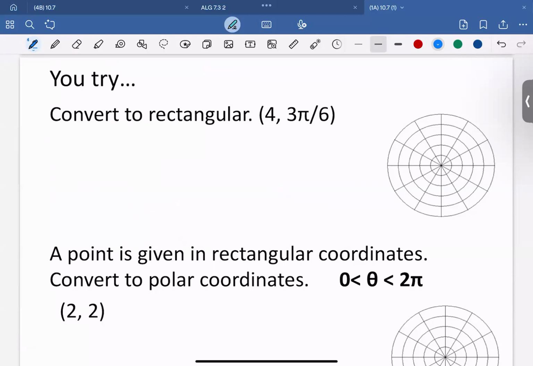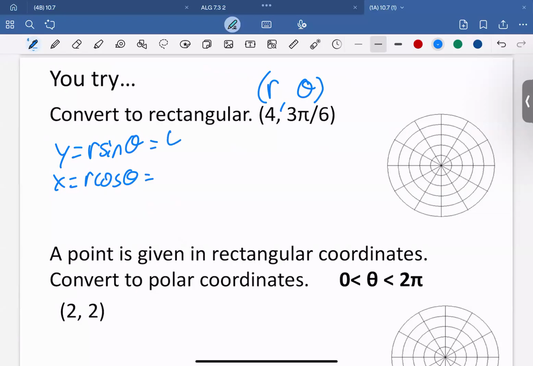Okay, so we are going to convert to rectangular for these polar coordinates, r and theta. What are our equations? Hopefully you're starting to slowly get them memorized. We have y equals r sine theta, x equals r cosine theta.